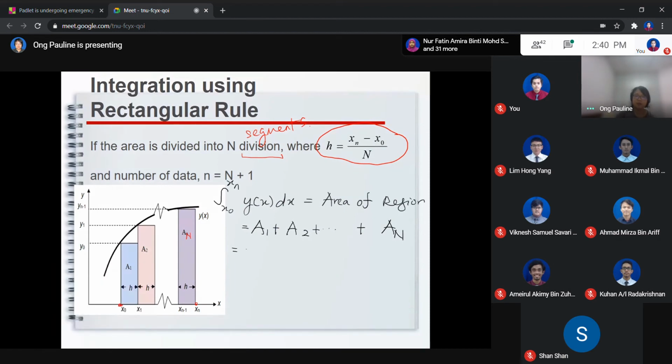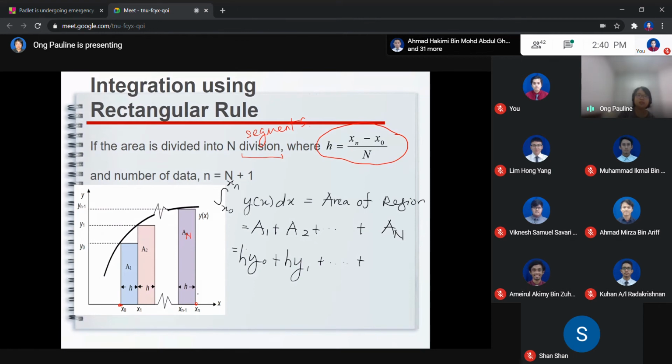So you have h y naught. This is for the first rectangle. For the second rectangle, the width is h, and the height here is y1, meaning that the area of the second rectangle can be obtained by using h y1. We repeat the same thing until the last rectangle here.